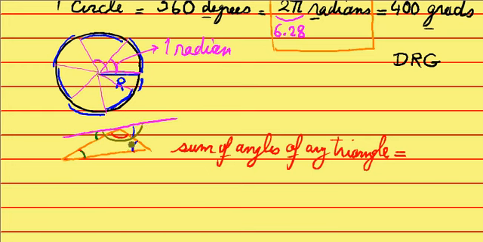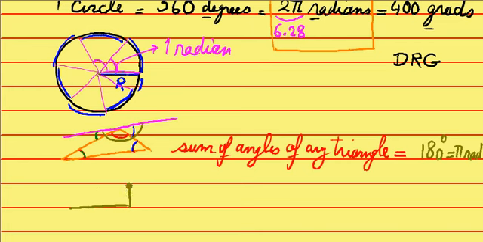One straight angle is half of a circle, or 180 degrees. Sum of all the angles of any triangle is 180 degrees, or is equal to pi radians, or 200 grads. So the sum of these three angles is this big angle, the straight angle here.